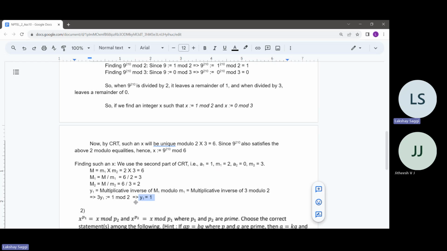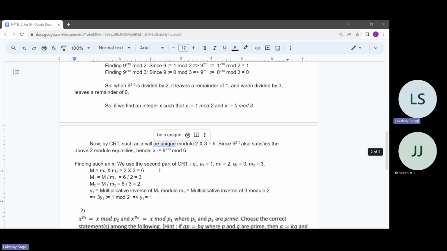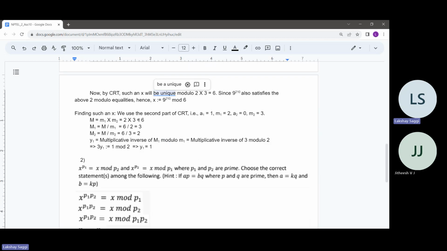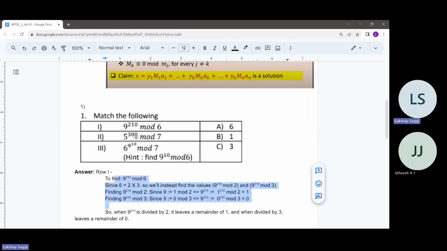If you have any doubt in what I have written so far, you can ask me via chat, and I'll try to explain it from the start again. We need to find 9 raised to power 210 modulo 6. I'm just at the first part itself right now.